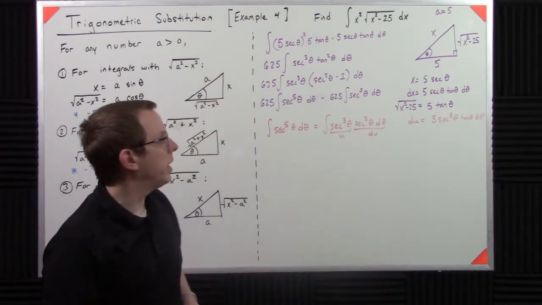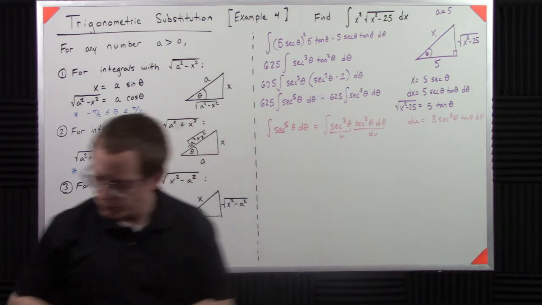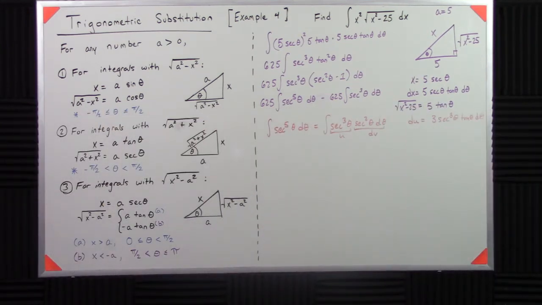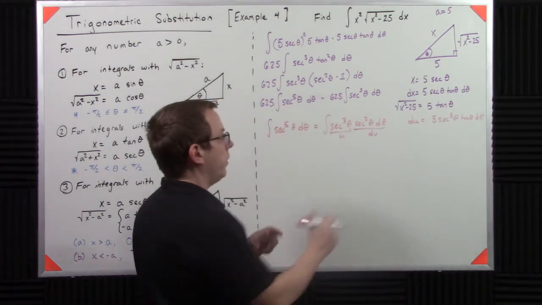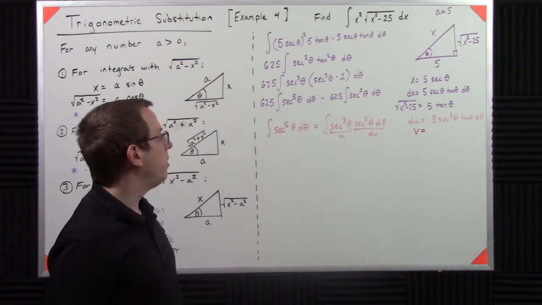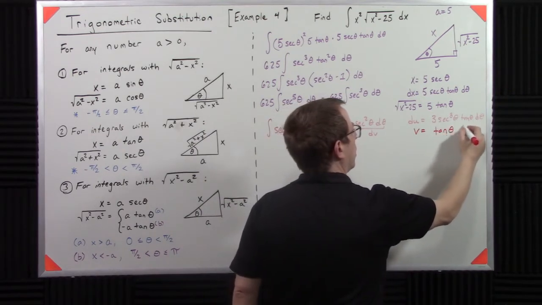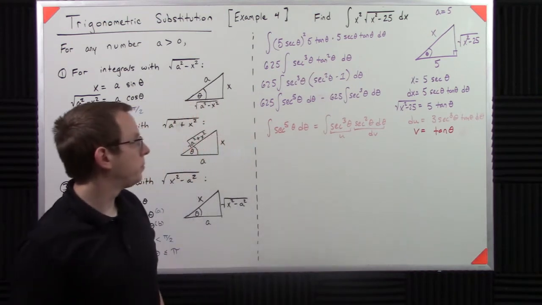Man, I hope you can read that. That looks really light to me. Let me try to get a different red marker. That's a lot better, right? So then v is going to be tangent theta.